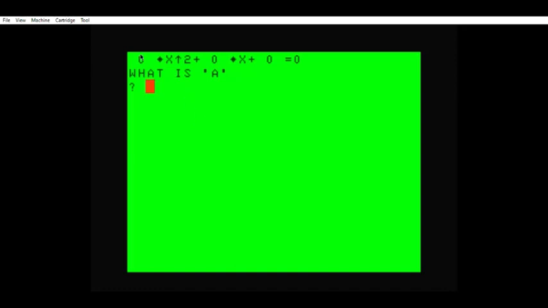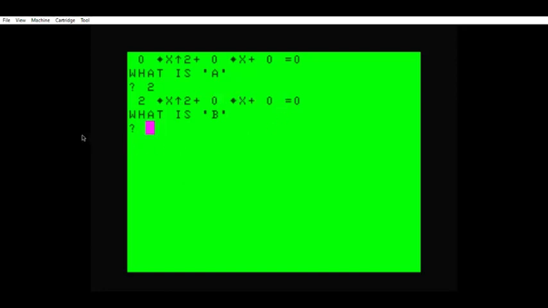But imagine that this is A, this is B, and this 0 is C. So we have A times x squared plus B times x plus C equals 0. And it's asking what is A. So in our case, A was 2. So now it rewrites the quadratic equation with a 2. So now we have 2x squared plus 0, we'll say bx plus c equals 0.